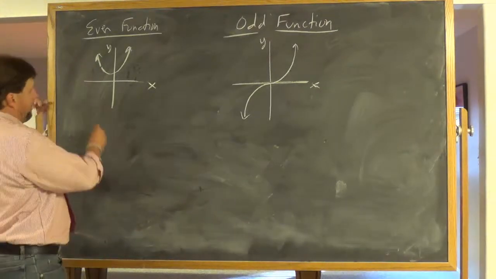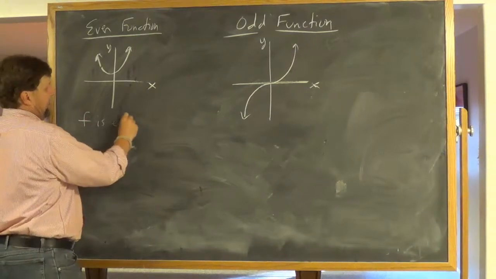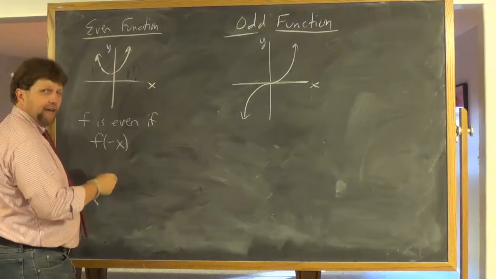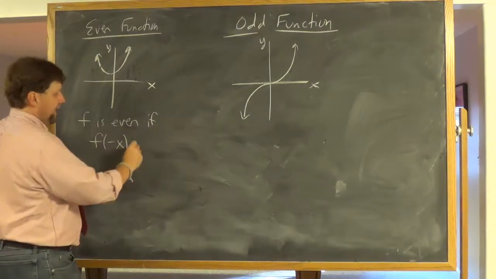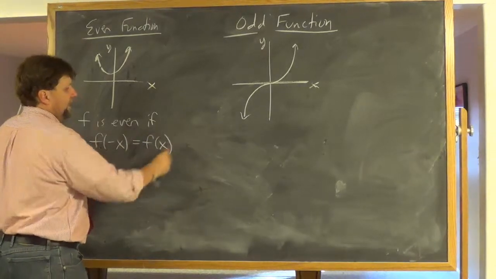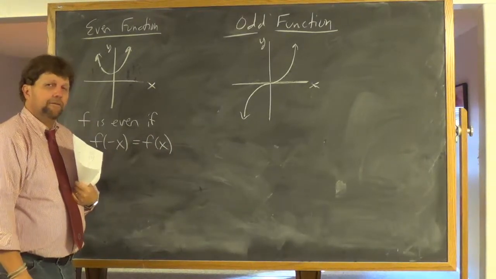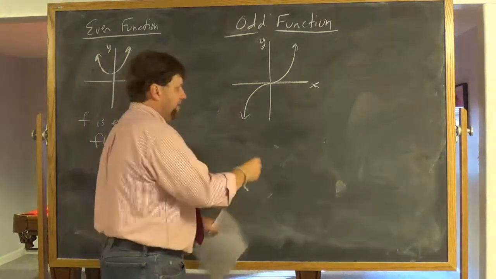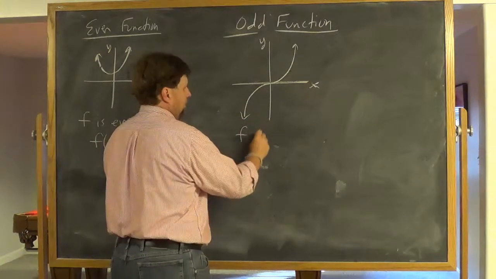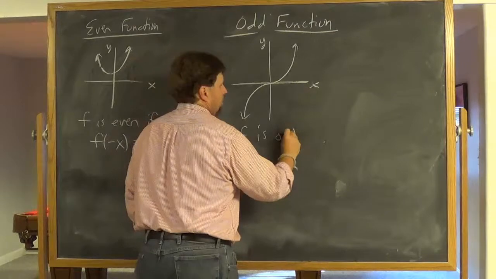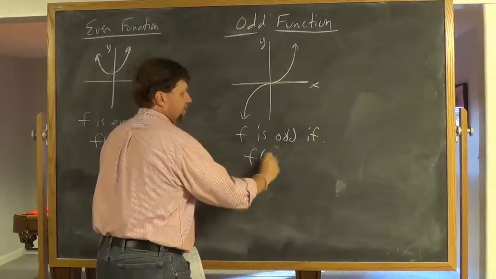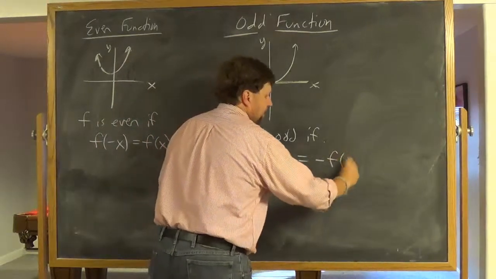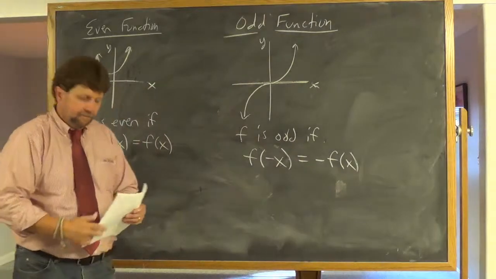Algebraically, a function is even if when you evaluate f of -x, so when you put -x in for all the x's, you get the original function back at you. Algebraically, a function is an odd function when you evaluate the function at -x and you get the opposite of the original function back at you.